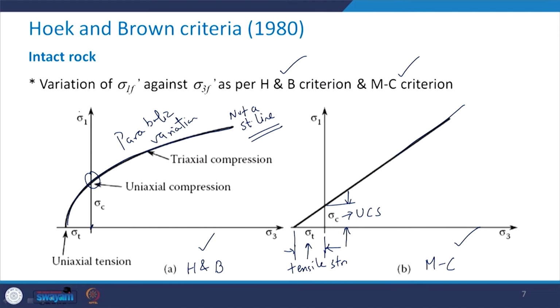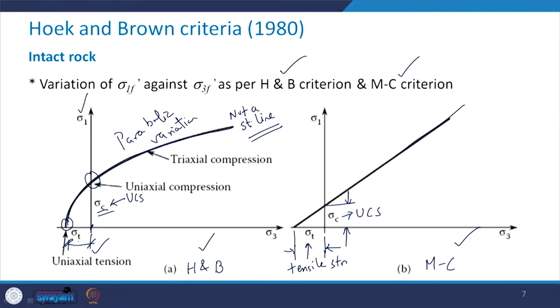Whatever is the value of sigma 1 gives you the UCS, which is sigma c, and this point corresponds to the results for uniaxial tension. So, this sigma t gives us the tensile strength under uniaxial tension.